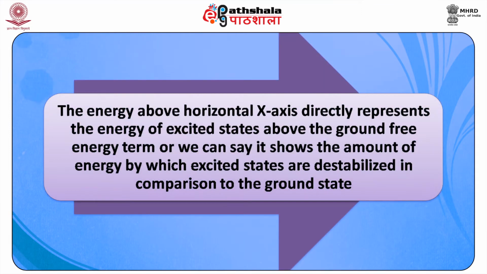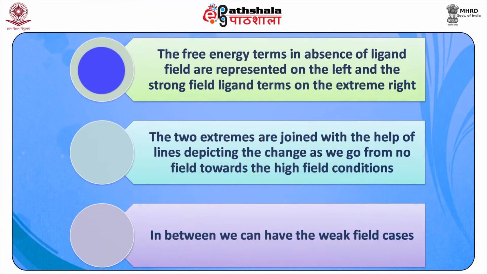The energy above the horizontal x-axis directly represents the energy of excited states above the ground free ion term, or we can say it shows the amount of energy by which excited states are destabilized in comparison to that of the ground state. The free ion terms in the absence of ligand field are represented on the left and the strong field ligand terms on the extreme right.